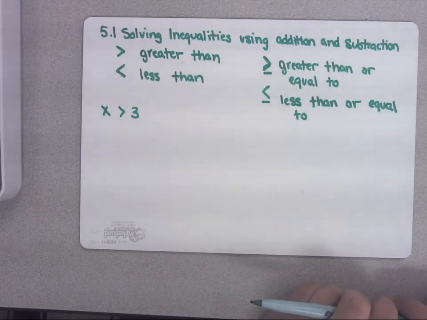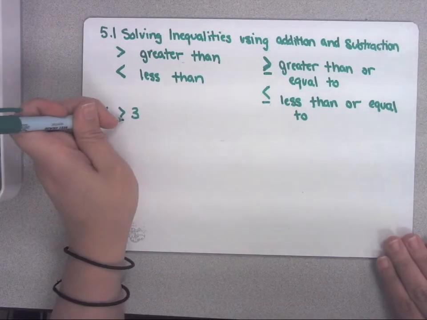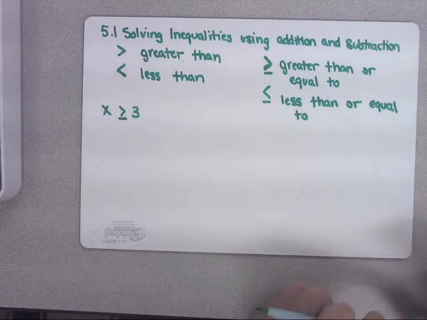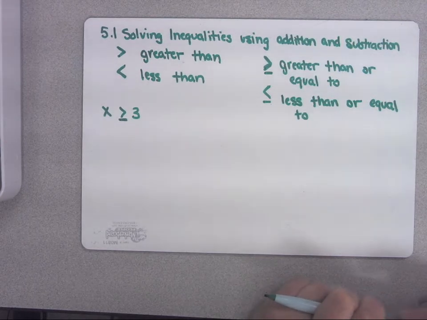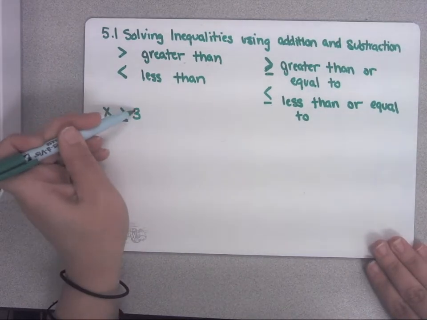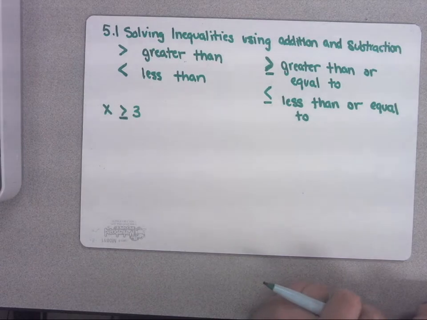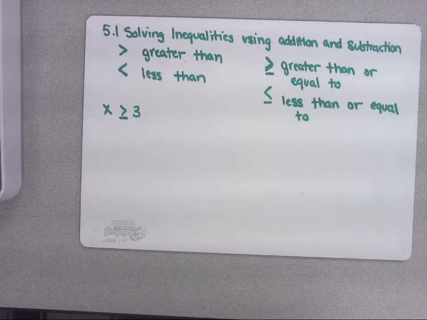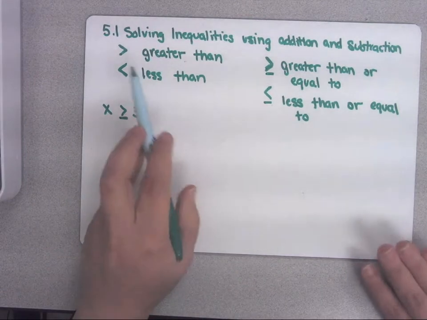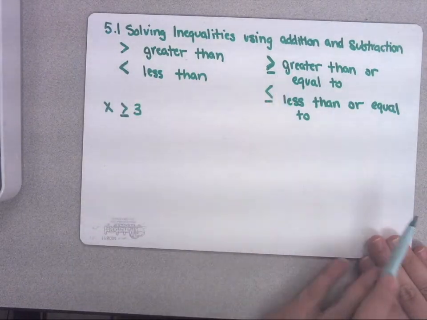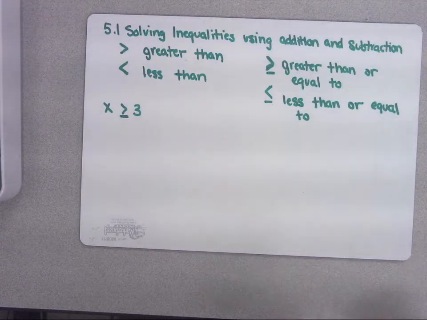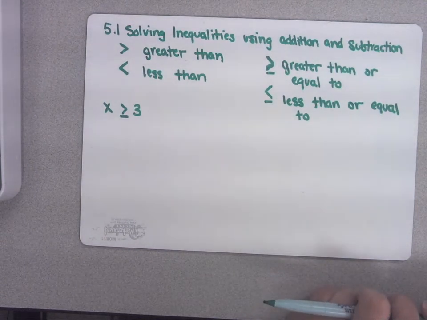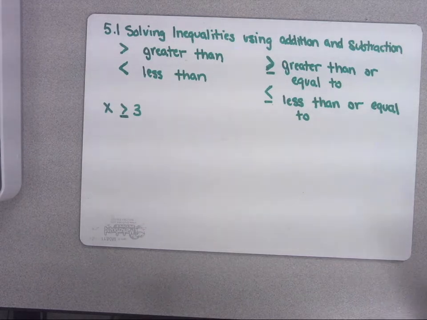All bigger than 3, yes? Now if I change this and just draw the line underneath, what number can I also include, Matthew? 3, because the equal to line means that we can start there and say every number greater than it, or start there and say every number less than it. That's the only difference between just greater than and greater than or equal to, or just less than and less than or equal to. That little equal to line includes that number, okay? Just a little heads up.